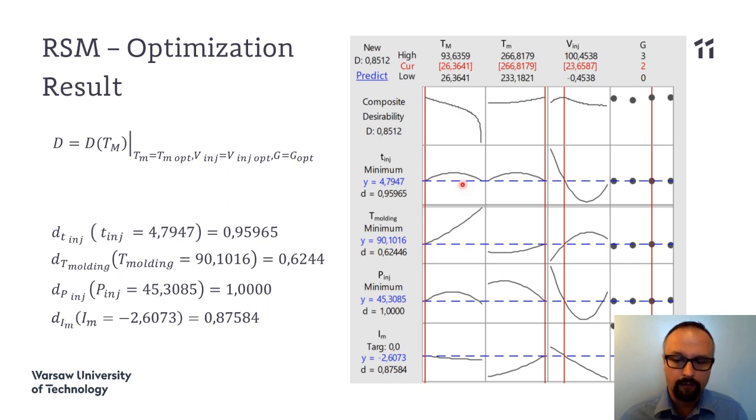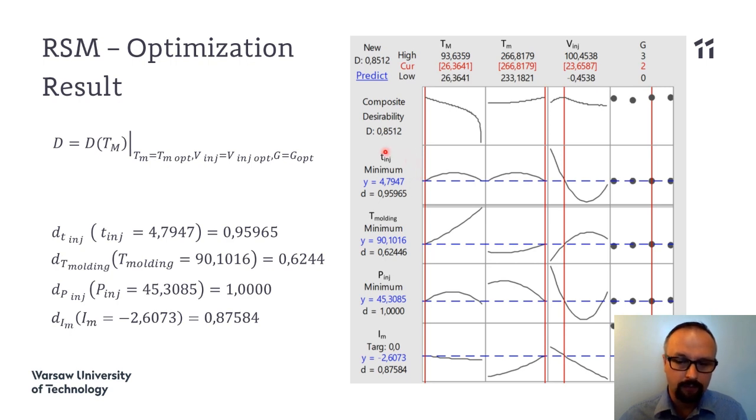Here in this column we have all components of this composite function, because it's a composite function, so we need to have components, and these components are also so-called desirability functions, but they represent only the desirability for the specific criterion of our optimization.